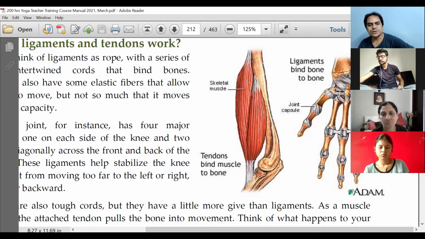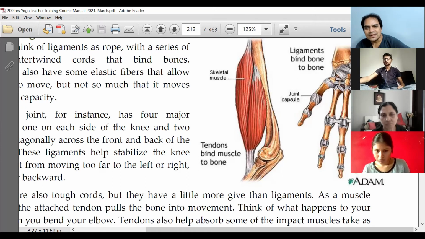All these are made of smooth muscles. And cardiac muscles are different from the superficial muscles, what you see, all these are skeletal muscle. So here I am showing you the skeletal muscle which is connected with the bone by tendons. Clear?